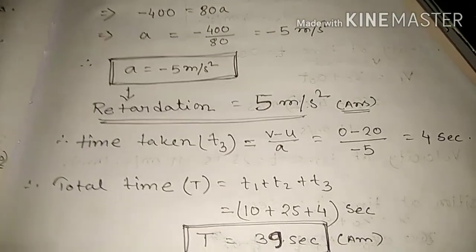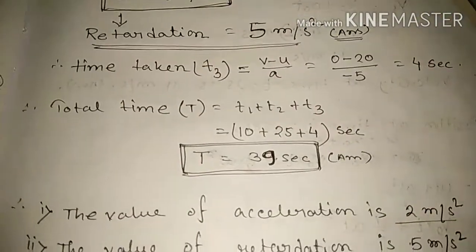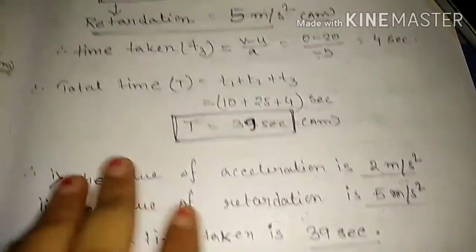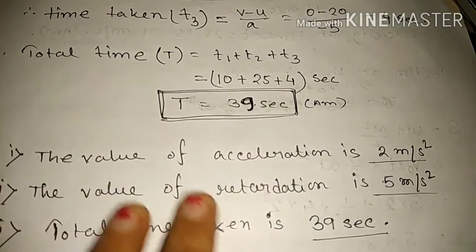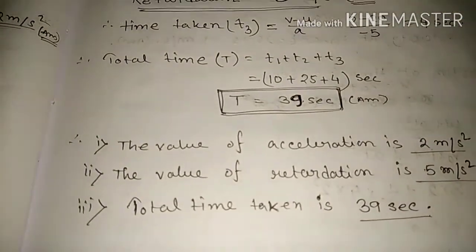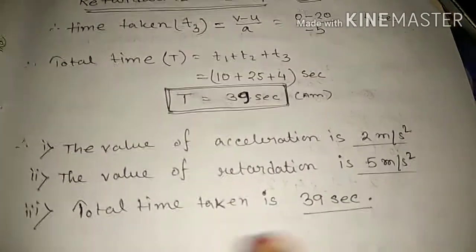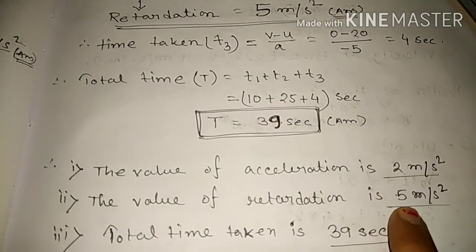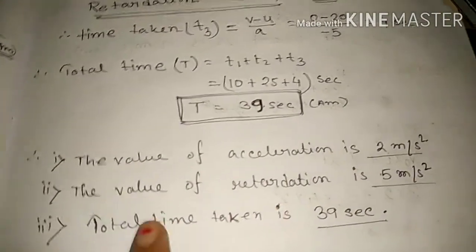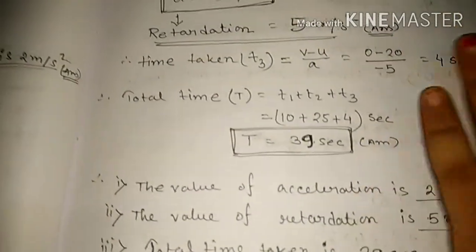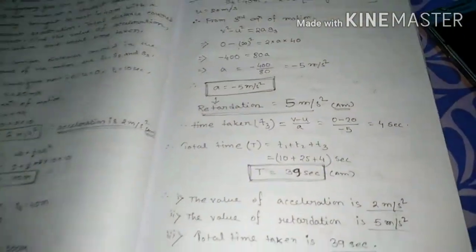So total time t1 plus t2 plus t3 is 39 seconds. So at last we write down the answers: the value of retardation, here we do not mention the negative sign, only 5 meter per second square, and the total time taken is 39 seconds. Did you understand? Okay. Next one.